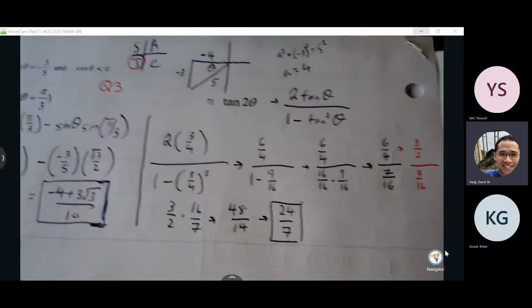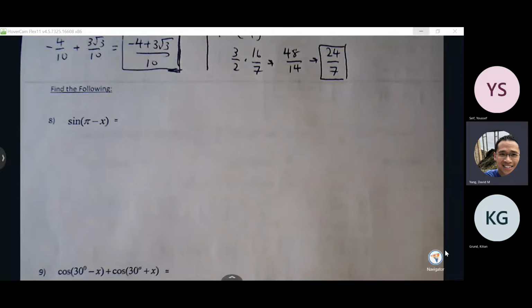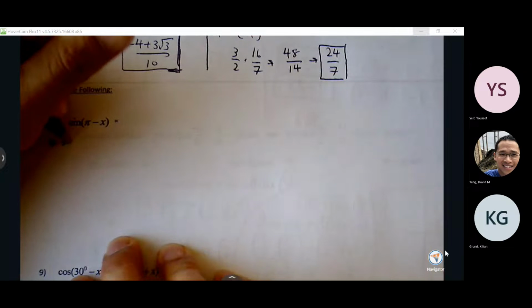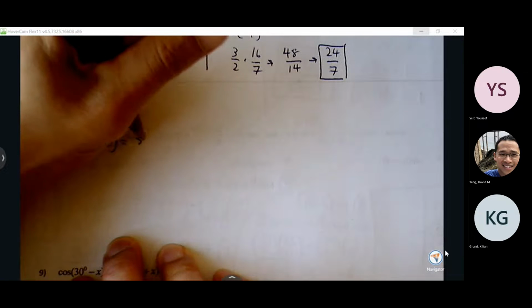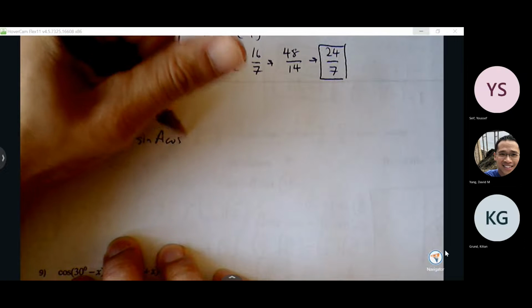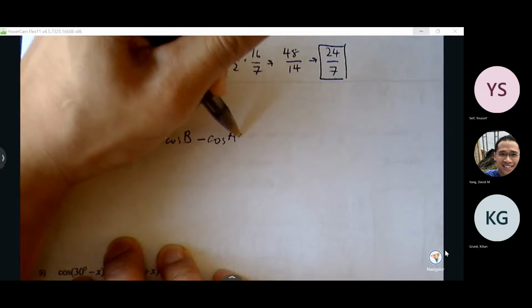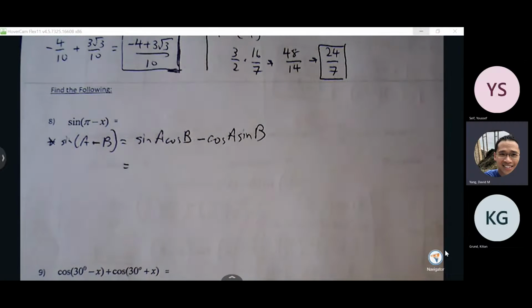Find the following. For 8, we'll just go through the difference identity, right? Sine of A minus B. A would be pi, B would be x.